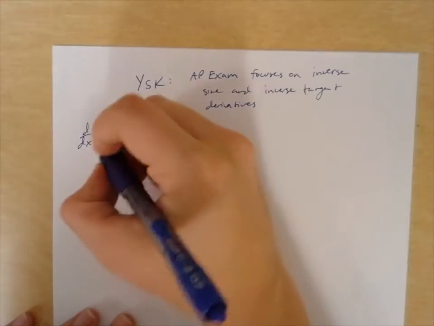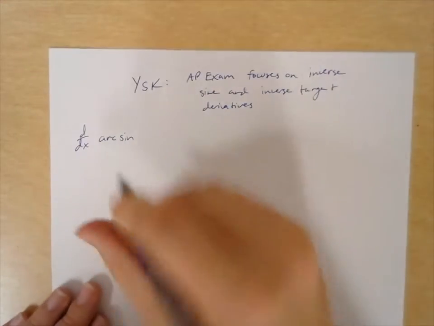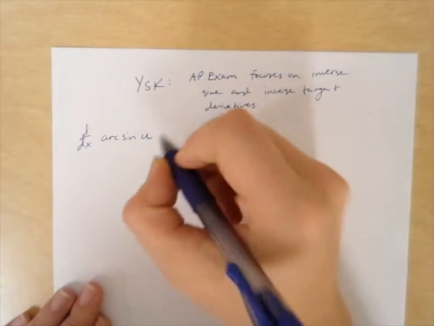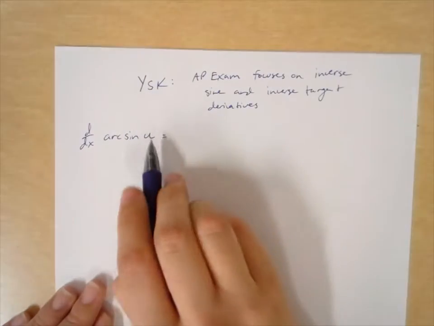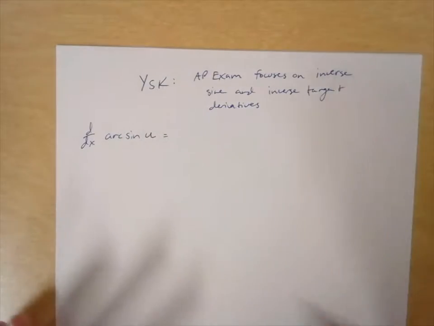So, the derivative of arc sine, or sine to the -1, of u. And remember what we talked about before, this u piece is more than just x. This is another function, something going on that's more than just an x by itself.